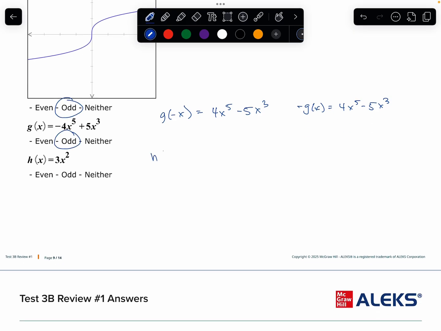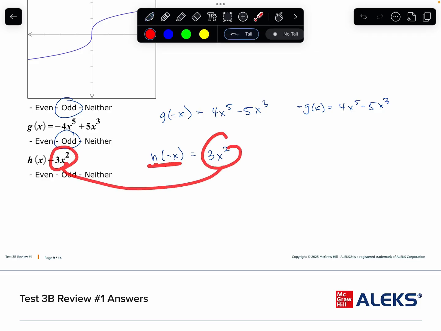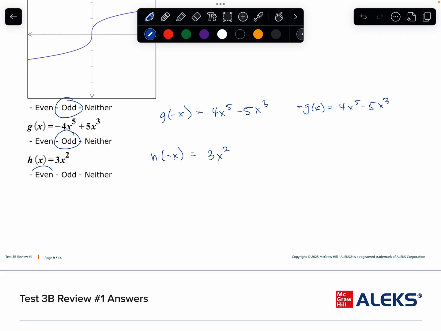So I'm going to try h of negative x. If I plug in negative x here, it's an even degree, so that does not change the sign here. So it's going to remain 3x squared. And because h of negative x is the same thing as h of x, it has to be even.